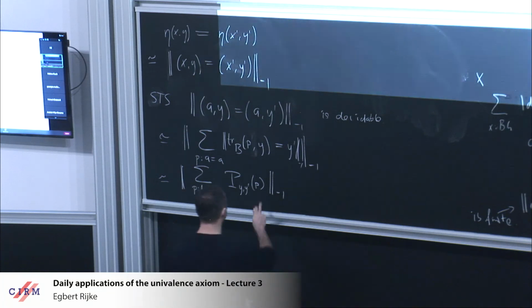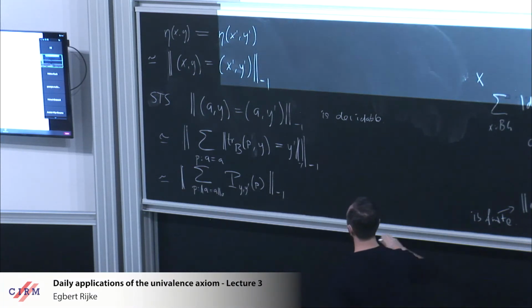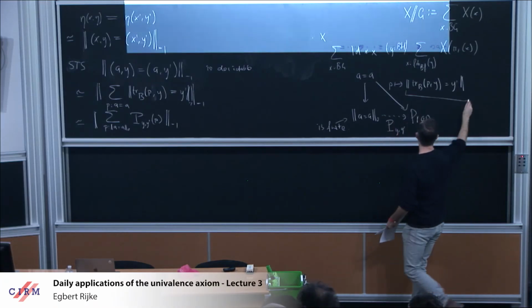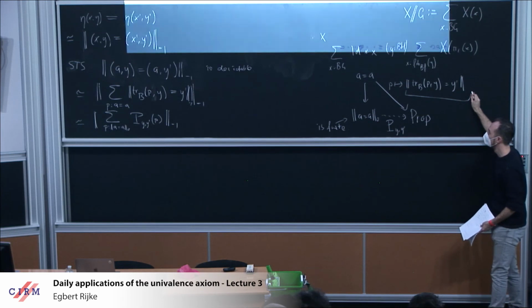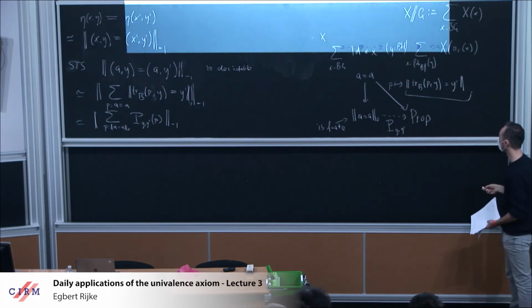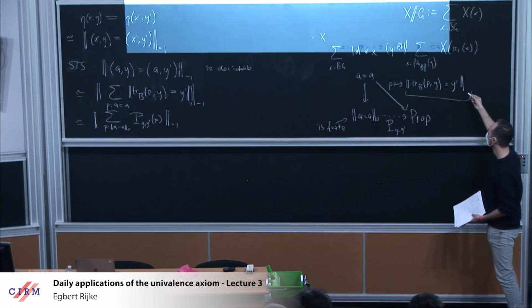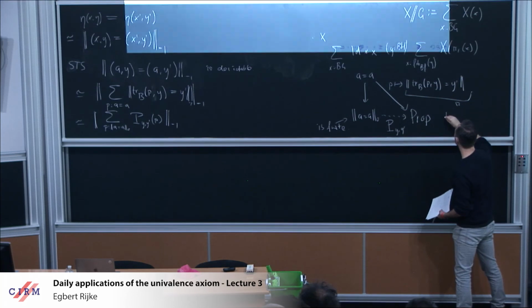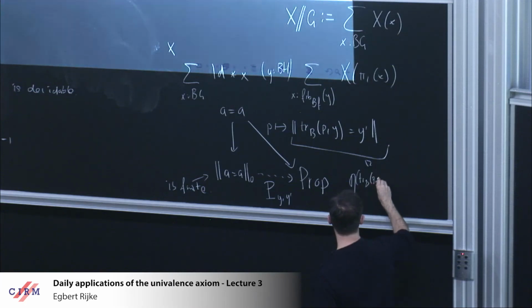But to prove that this one is decidable, we can go back to where this p came from, and it suffices to show that these are decidable. And this is the case because this one here is equivalent to, let's see, eta transport b p y.